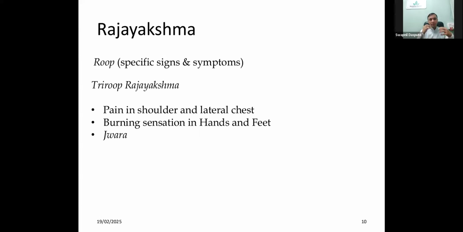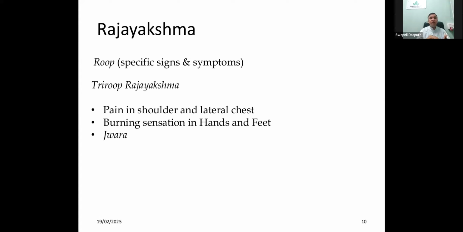If you are wise, experienced, knowledgeable, and skilled enough, even with these three signs and symptoms you would understand that the extent of involvement of doshas and dhatus has gone to a serious level and should be treated according to the line of treatment mentioned in Rajakshma. Yes, you have completed your process of understanding and treating.